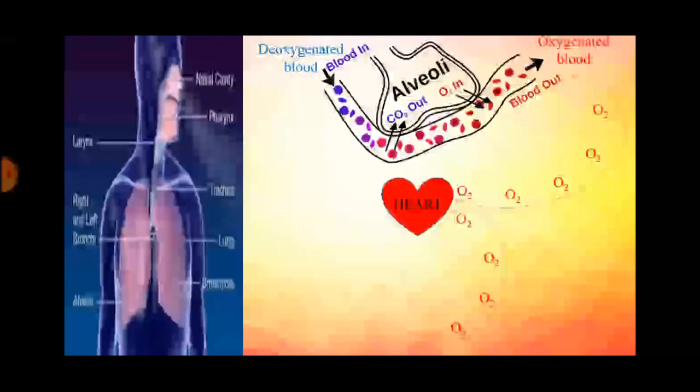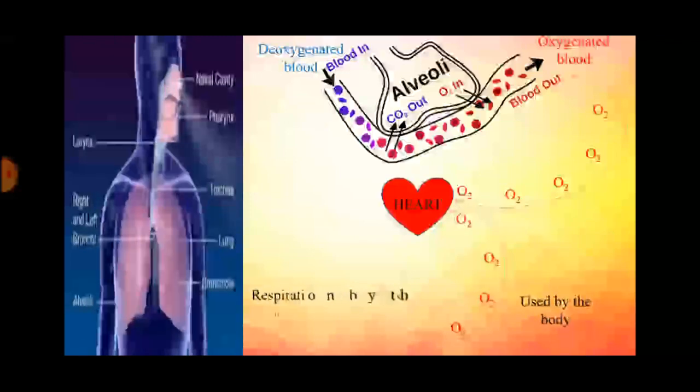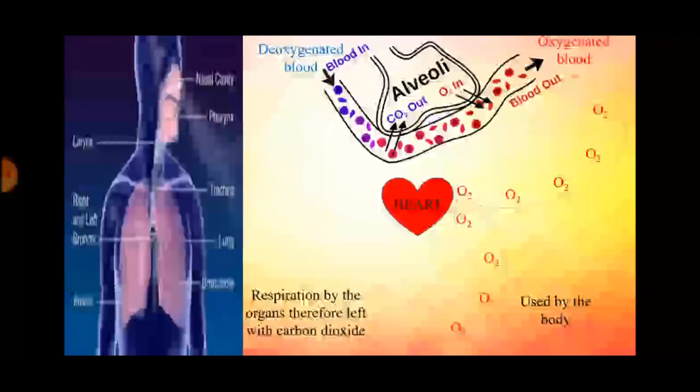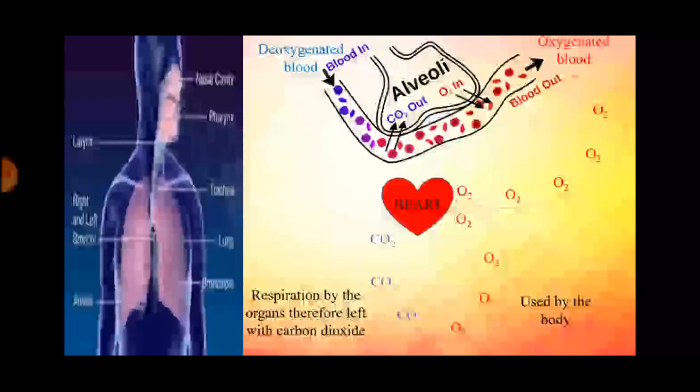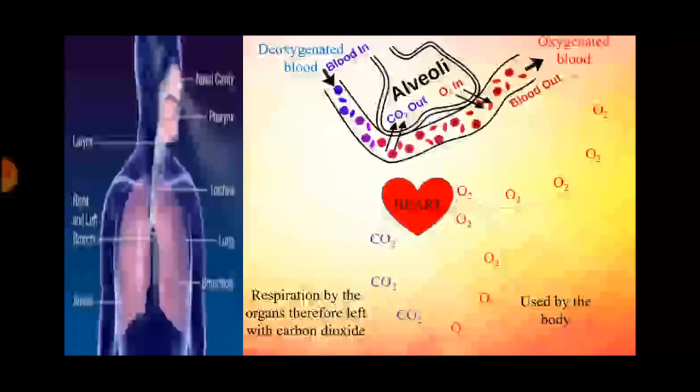That carbon dioxide gets mixed with the blood. That blood goes again to the heart. When the oxygen has been used by the organs, respiration takes place in those organs and carbon dioxide is given into the blood.